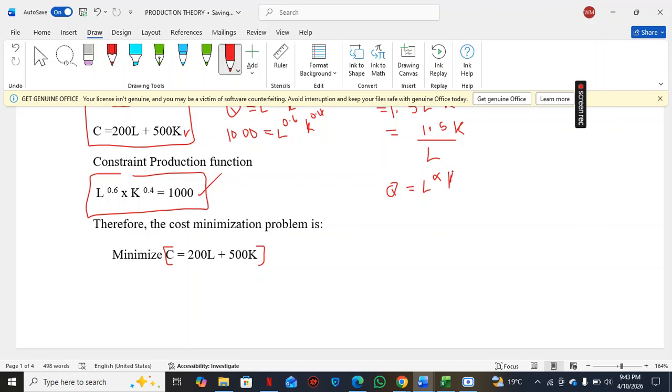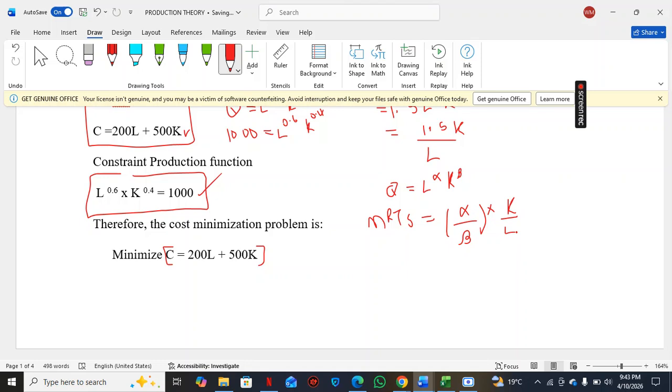Then just remember the marginal rate of technical substitution, MRTS, is alpha over beta multiplied by K over L. You can use this formula.